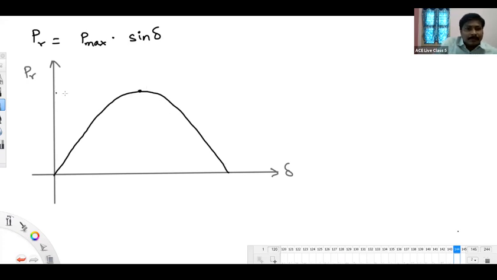This is the maximum power transfer capacity of the system, and this is the point of 90 degrees.